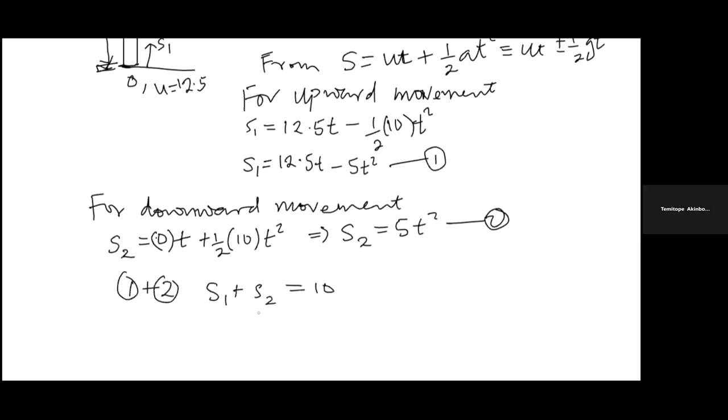That will now be 12.5t minus 5t squared plus 5t squared equals 10. We take care of this. So 12.5t equals 10.